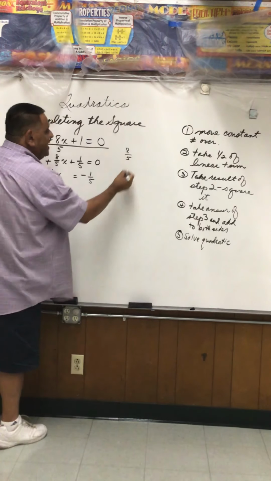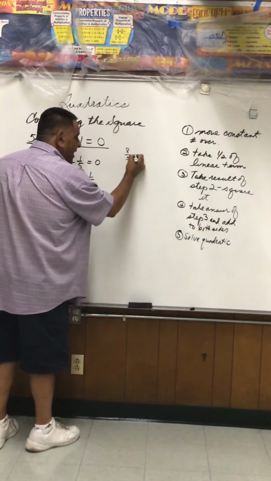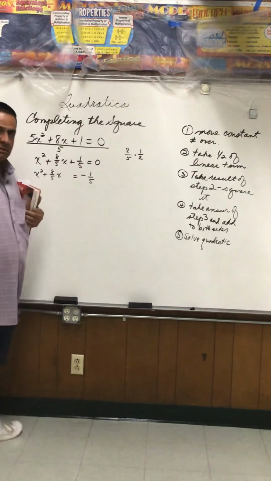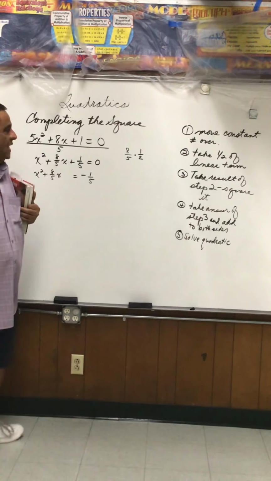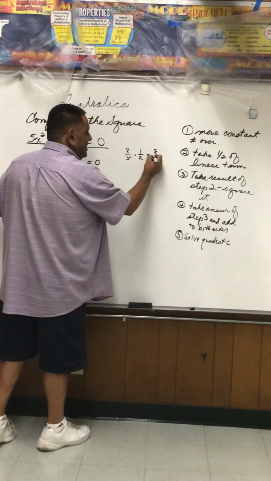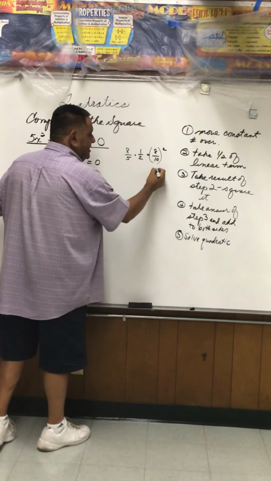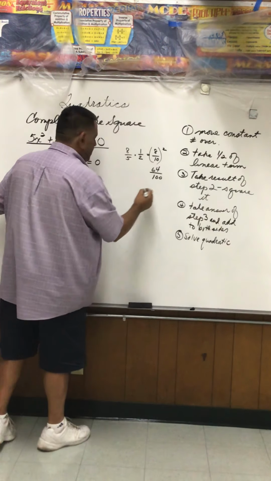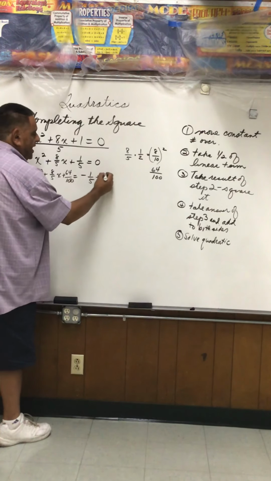Take half of it. If you divide it by 2, it's the same as multiplying by 1/2. So this becomes 8/10. Then I'm going to square it, and I get 64 over 100. So I'm going to add 64 over 100 to both sides.